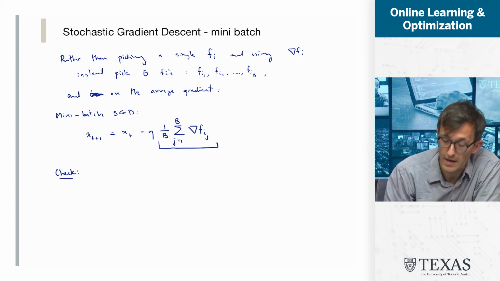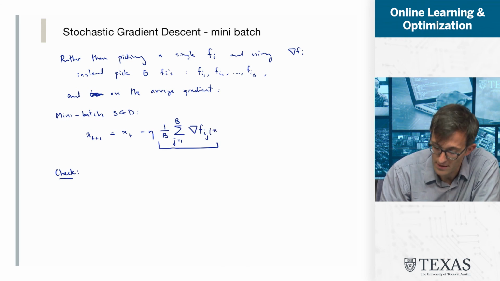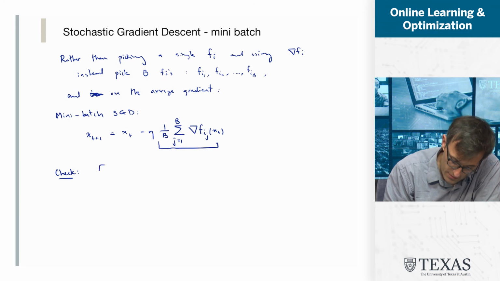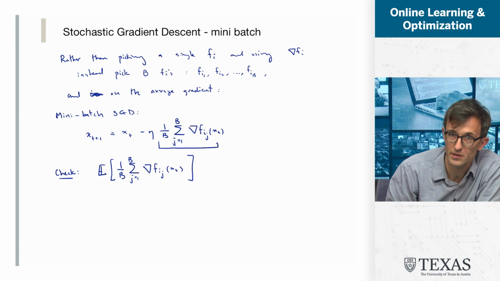What do I need to check? I need to check that the expectation of this thing is indeed equal to the gradient at x_t. So the expected value of 1 over b times the sum from j equals 1 to b of the gradient of f_{i_j} of x_t. Let's be a little more careful.